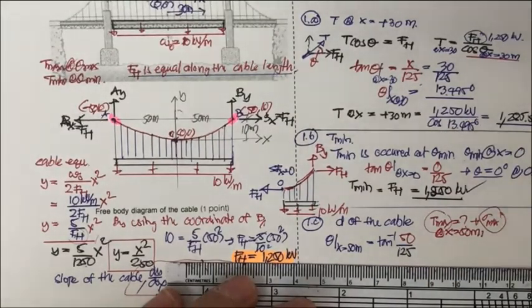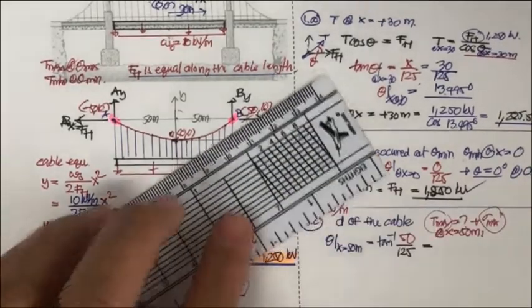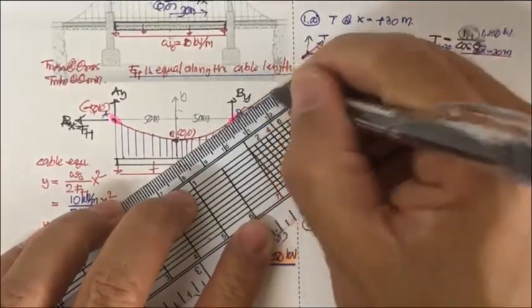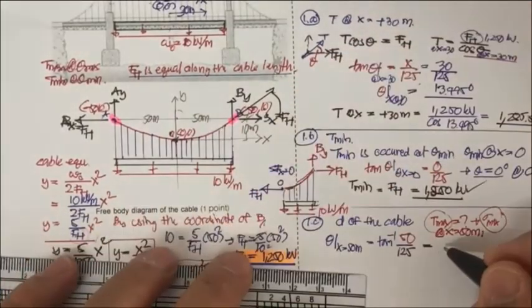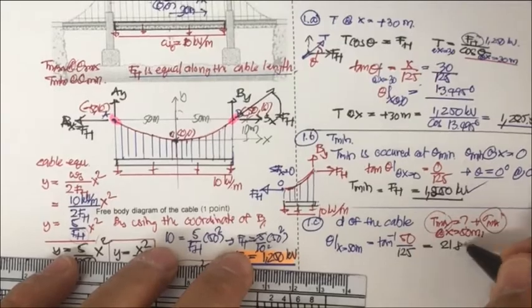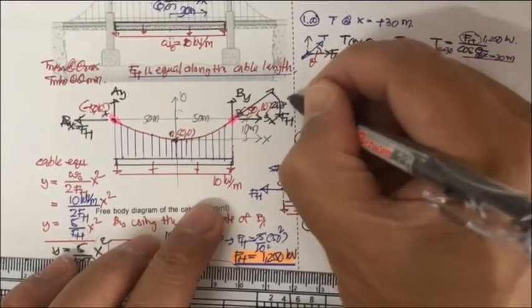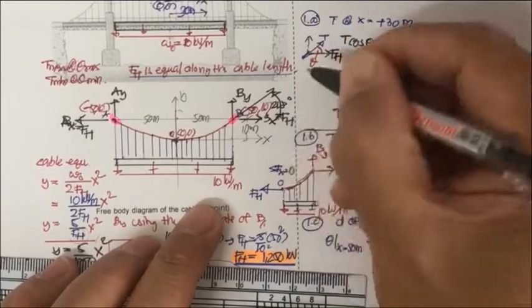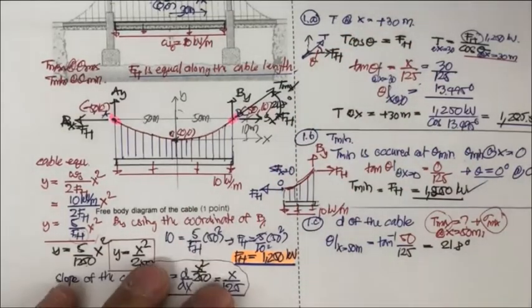By doing this, you will get the theta on this point to be 21.8 degree. So this is the theta where T max is going to occur.